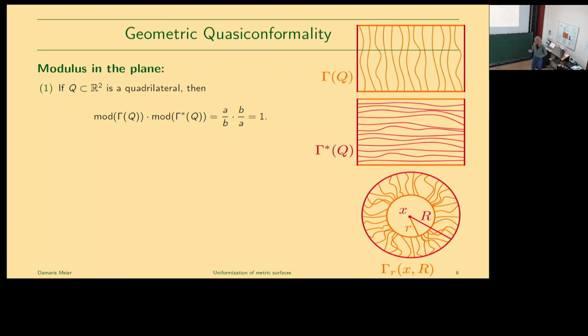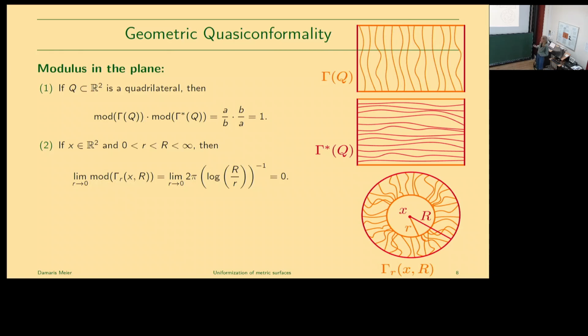And also we can make another observation: if we fix a point and let small r go to 0 and look at the limit of the modulus of this curve family, connecting this ball with the outside of the bigger ball, then this will in fact go to 0. Okay? So points in some sense don't have a lot of curves going out from just one point.